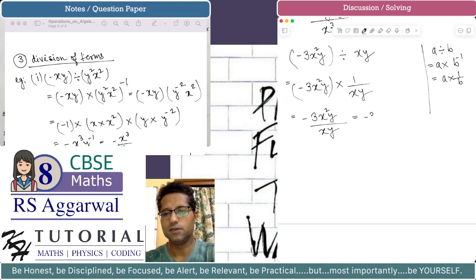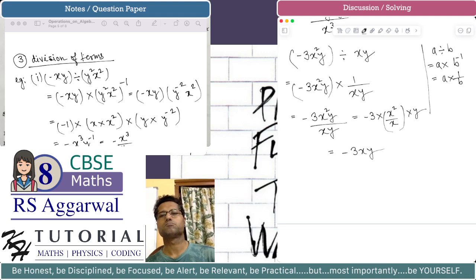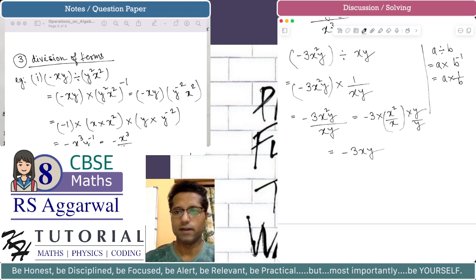So this is minus 3 multiplied by x square by x and multiplied by y by y, so there will be no y factor. So this is minus 3x.